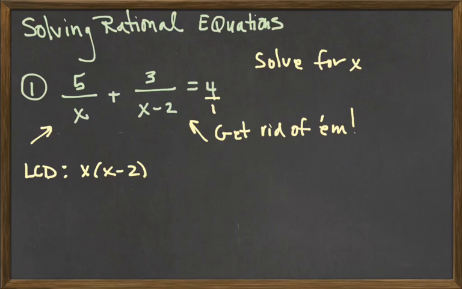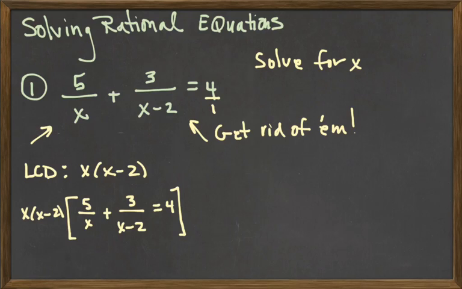Alright, so we are now going to take the least common denominator and multiply it to our entire equation. So I'm going to first write it this way and then I'll show what it looks like once we distribute it. Now we're going to multiply it to every term inside the parentheses. I'm going to come up here so we don't run out of board space and rewrite it.